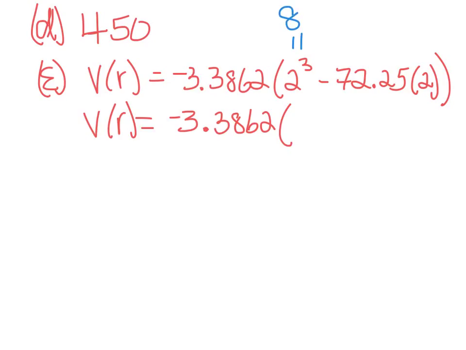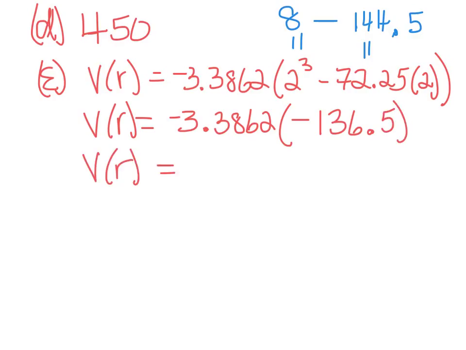We know that that's 8 minus, and then 72.25 times that 2 is 144.5. So when I do 8 minus 144.5, I get negative 136.5. I'm going to multiply those two numbers out, and I get 462.2163.